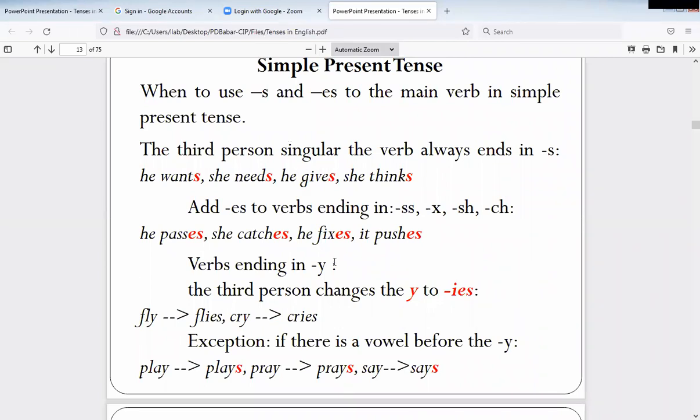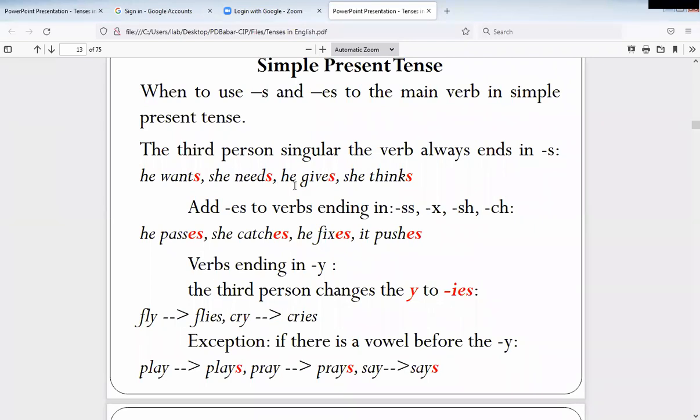There are some verbs which are ending with y, like fly, cry, try.